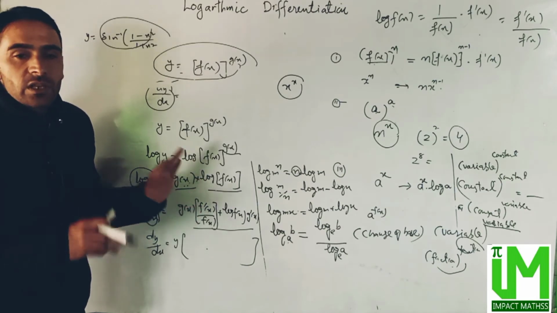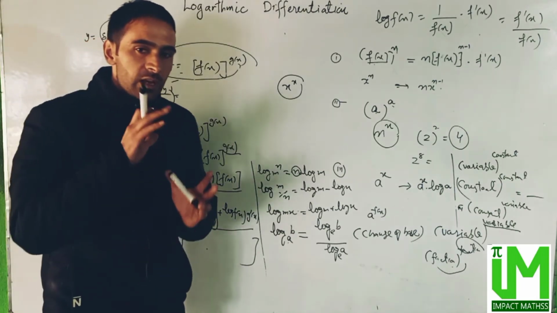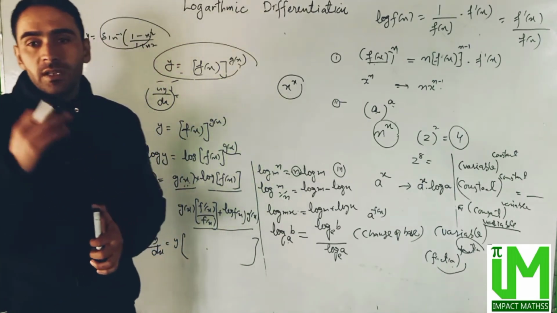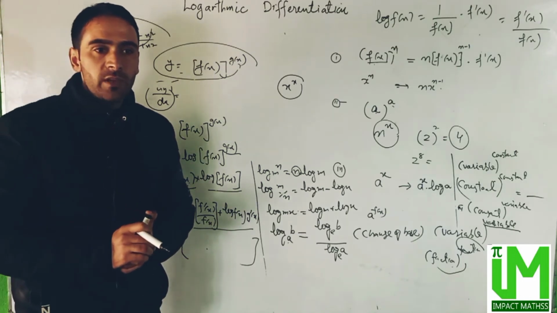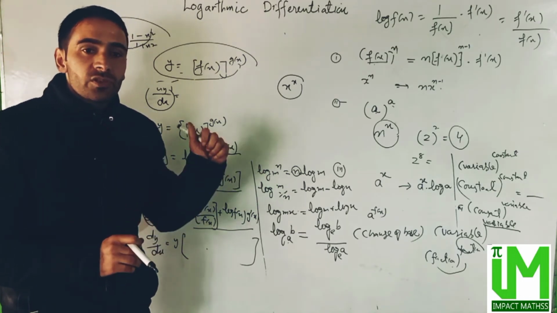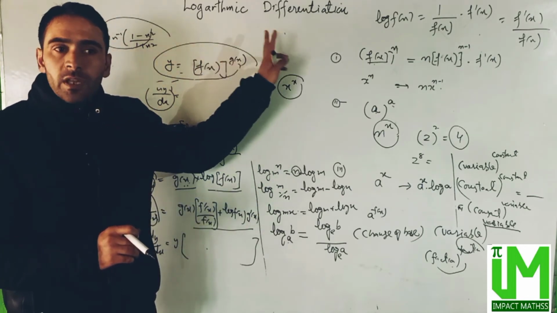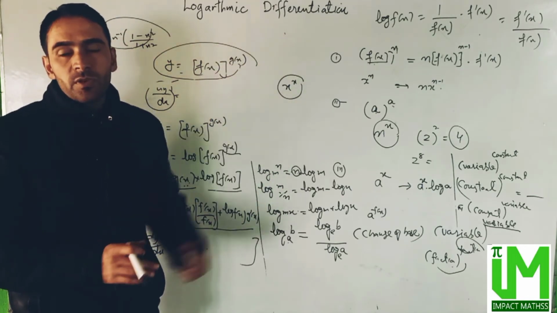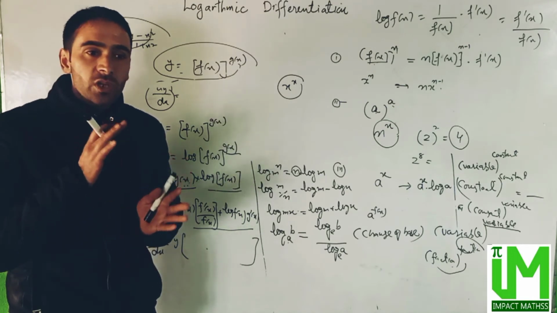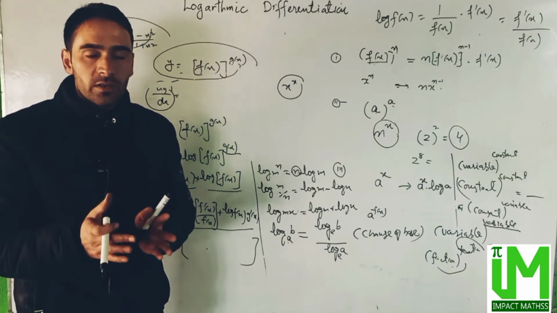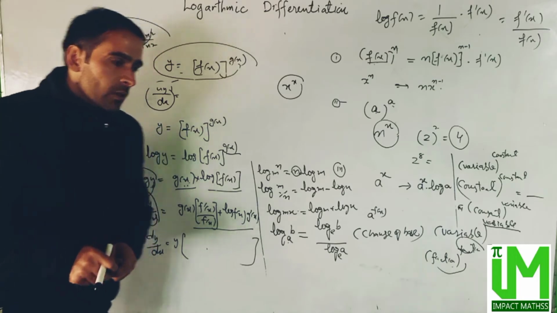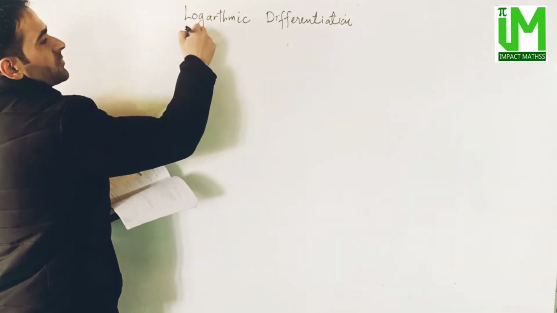So whenever we have problems of the type function raised to the power of a function, or variable raised to the power of a variable, these types of questions are based on logarithmic differentiation, that is, differentiation using the properties of log.